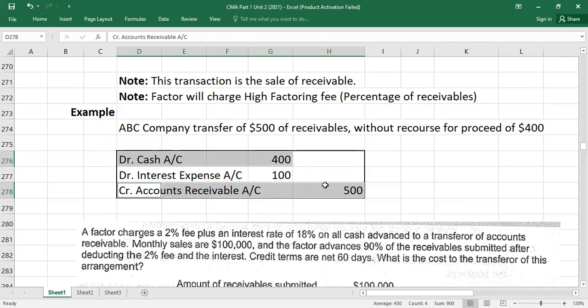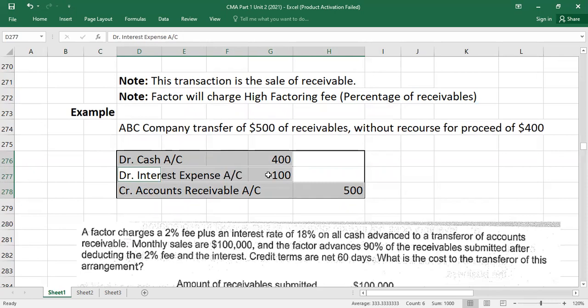Because no information is provided, I will assume it is interest expense of $100. Sometimes it's not a complete entry, because the complete entry depends upon the arrangement, but this entry gives you an overview. So we debit cash with 400, credit accounts receivable with 500, and the difference is charged to interest expense.